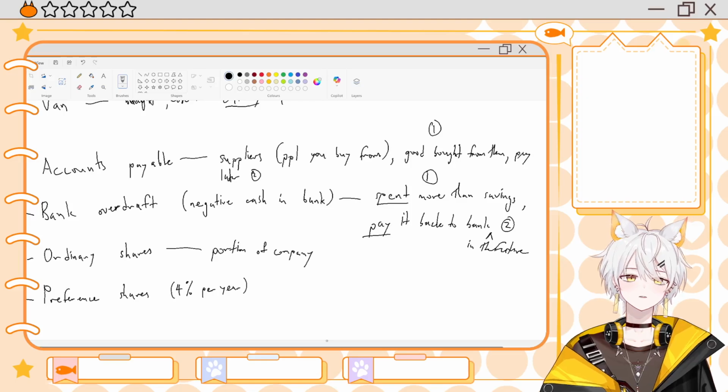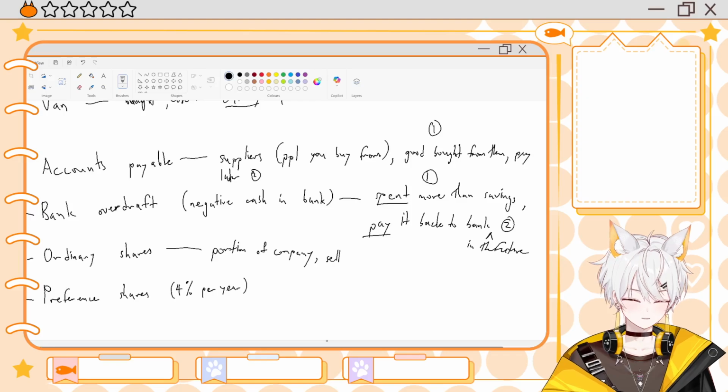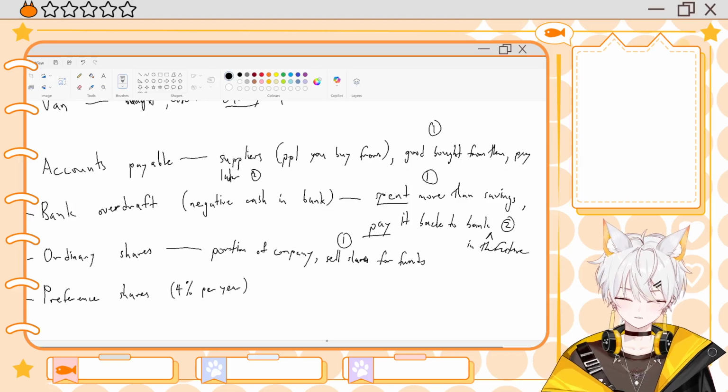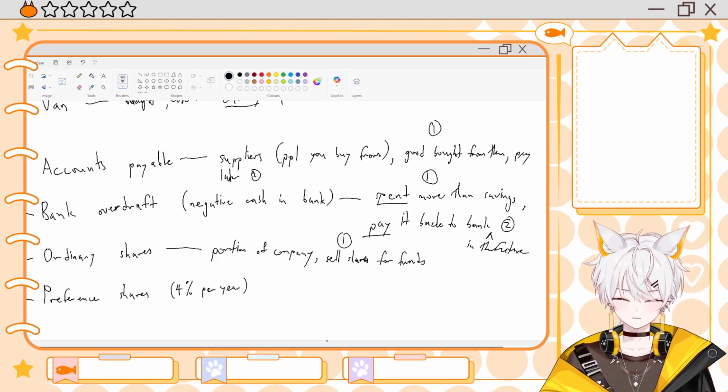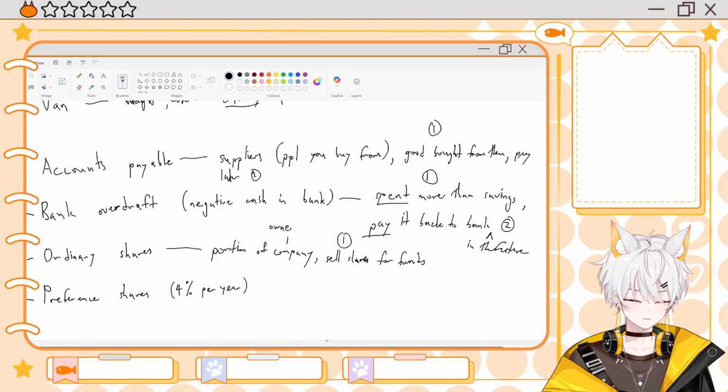Usually the reasoning is for funds. That is number one. Right, so portion of company, let's clarify a bit. You can think of it as ownership.